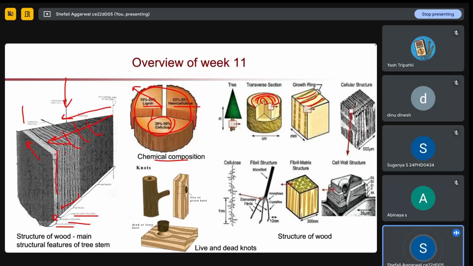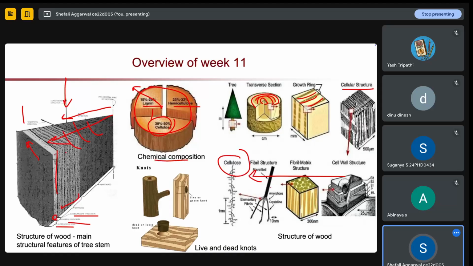From this small part near the growth ring, we have the cellular structure of our inner bark, and we can see that it is actually composed of small cellulose units. Maximum, as we talked about, 50% cellulose will be there. So this type of cellulose will develop and form the normal bark of our tree. This is mainly what we call the structure of wood.